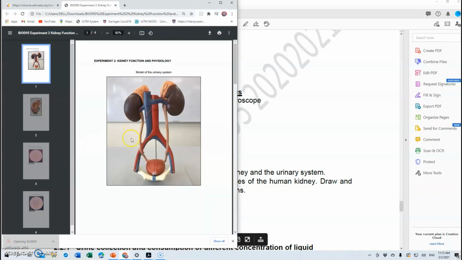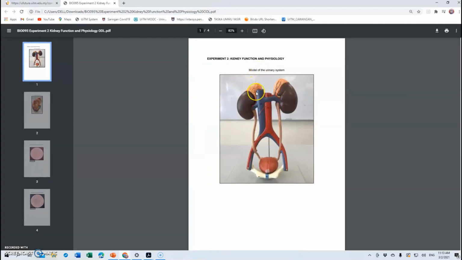Okay, open. So this is the image of the model. You have to observe this model and draw. Remember, every time you draw any diagram, you have to draw using a pencil.